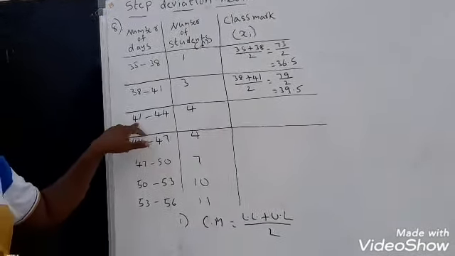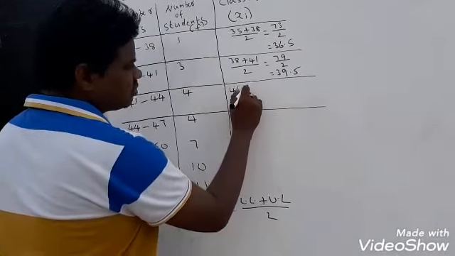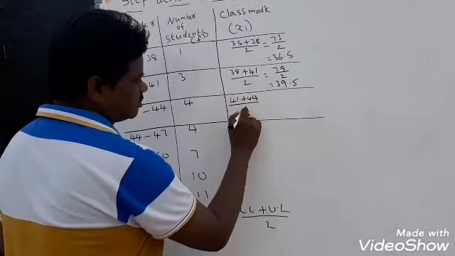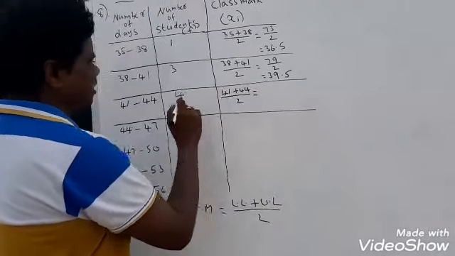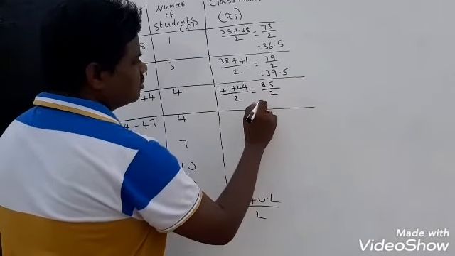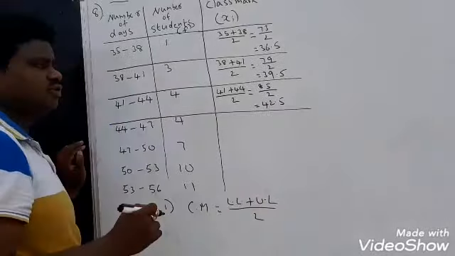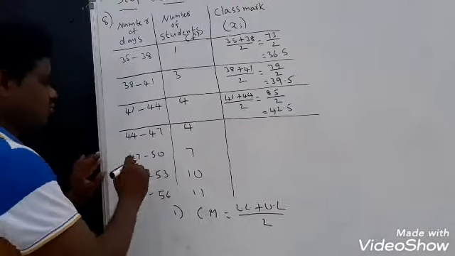What is this one? 41 plus 44. I am writing every step, but you have no need to write these steps. 41 plus 44 by 2, you will get 85 by 2, which is 42.5.